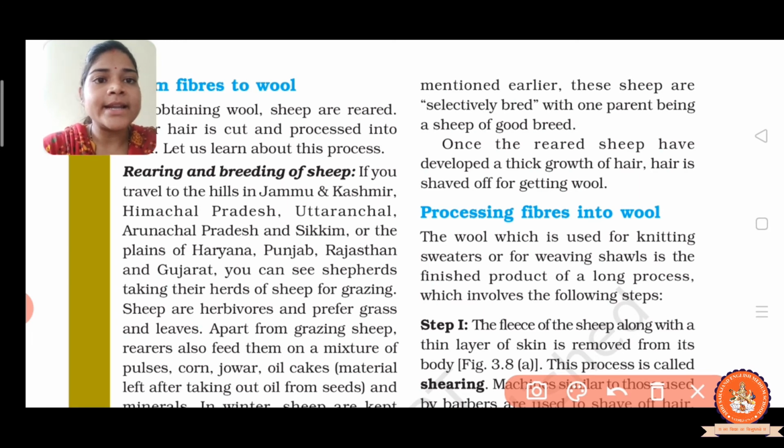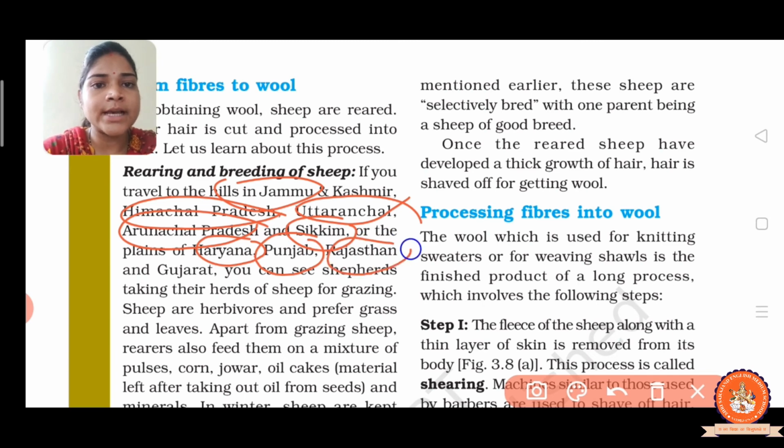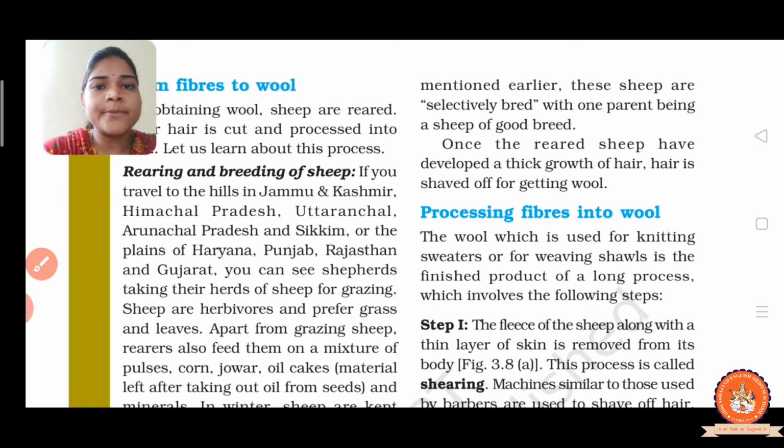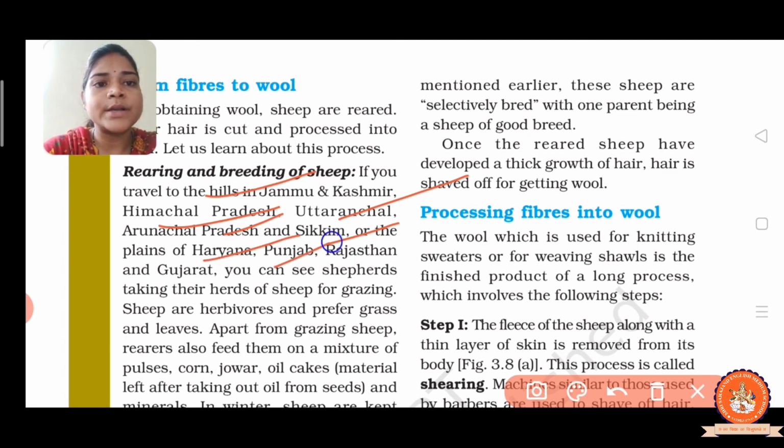The states are the hills in Jammu and Kashmir, Himachal Pradesh, Uttaranchal, Arunachal Pradesh, Sikkim, and the plains of Haryana, Punjab, Rajasthan, and Gujarat.